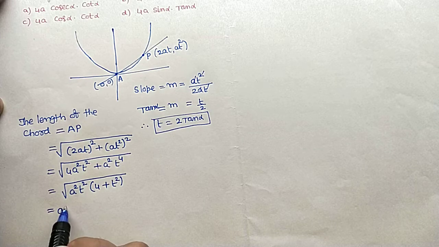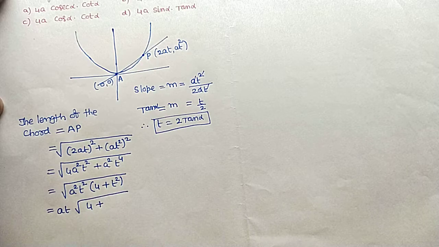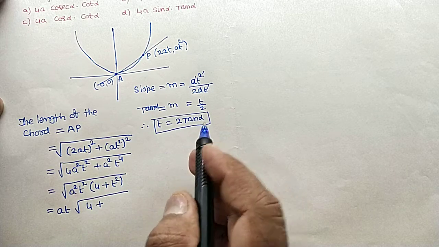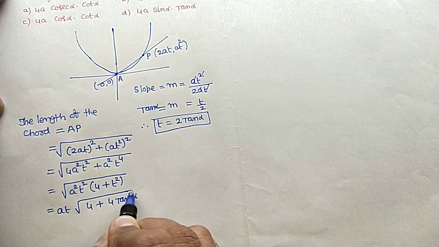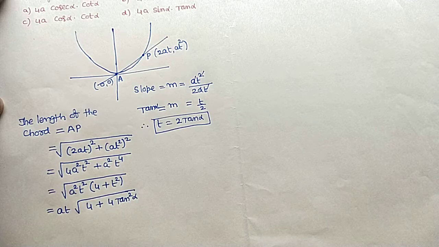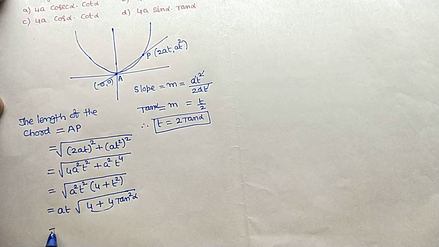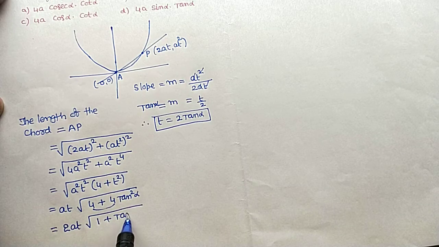It will become at square root of 4 plus, in place of t, you have to replace with 2 tan alpha. It will become 4 tan square alpha only, no? Since the value of t is equal to 2 tan alpha, substituted here. So again 4 take common and we can take it outside of the root. It will become 2at square root of 1 plus tan square alpha.